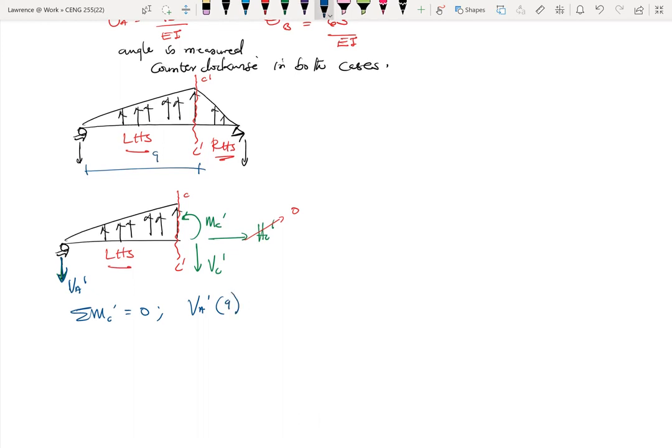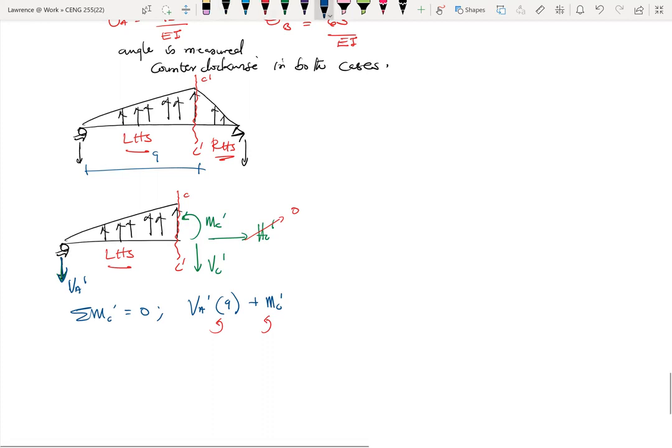And then that will cause an anti-clockwise moment about C, then plus MC prime. They are all moving in the same direction. So this is the direction of the VA, and this is the direction of the MC.